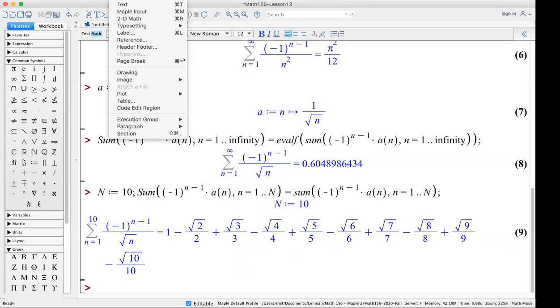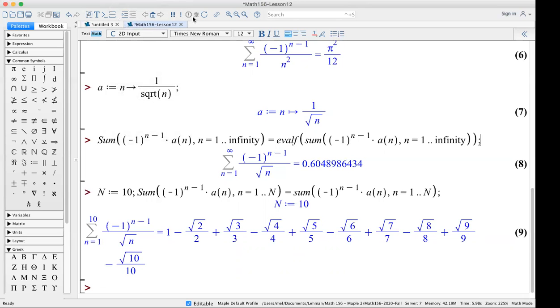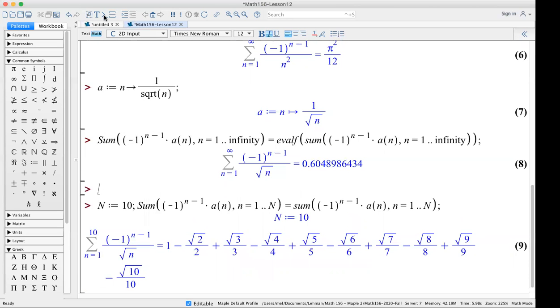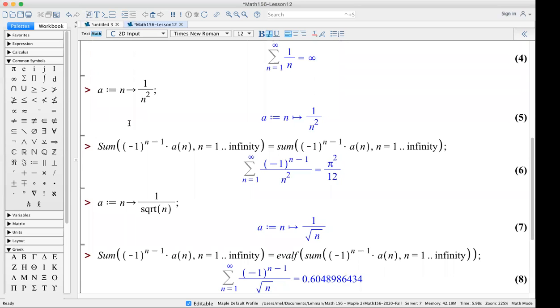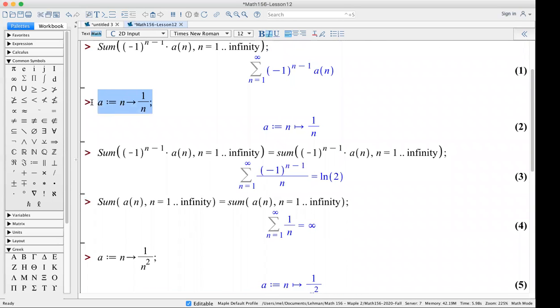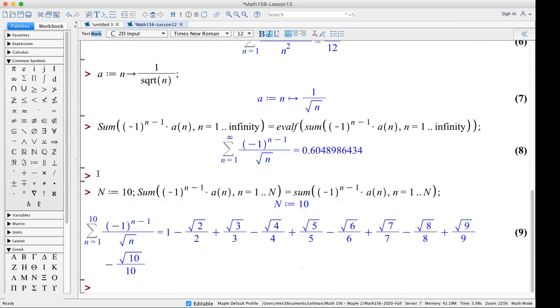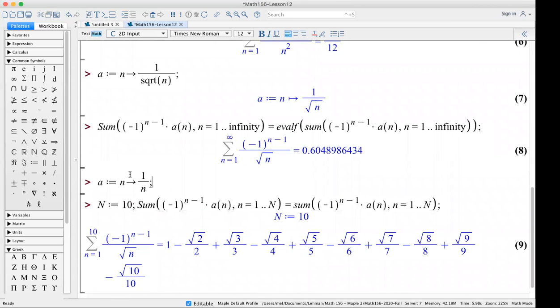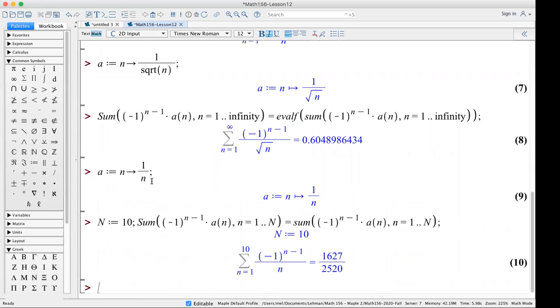Let me make it easier. This is a nice example, 1 over n. Now, this is the sum of the first 10 terms of the alternating series.